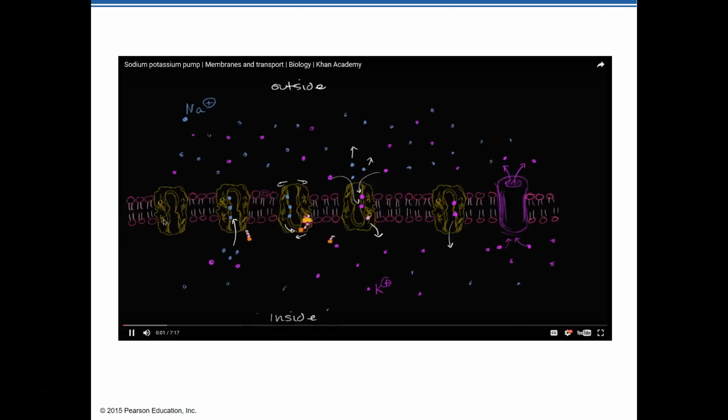We'll just watch it. What I hope to do in this video is give ourselves an appreciation for the sodium-potassium pump. As the name implies, it pumps sodium and potassium, but it does it in different directions. This little depiction right over here is my rendition of the sodium-potassium pump. It's a transmembrane protein complex.